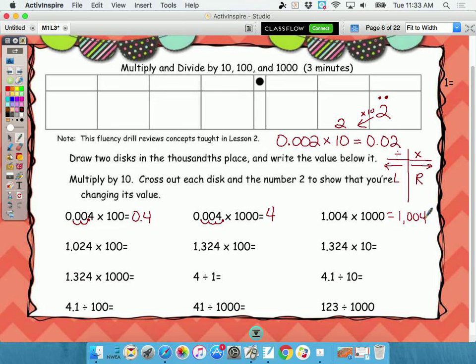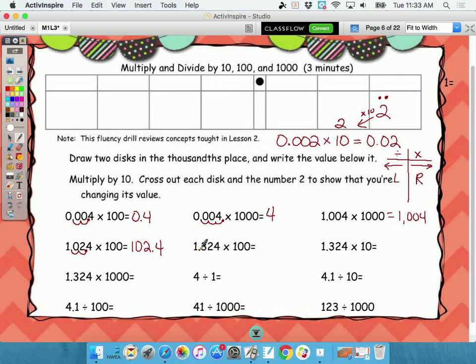Next problem. What happened when I moved it over twice? What'd you get? Go ahead and tell me quickly. 102.4. Good. 102 and 4/10. Very good. Okay, Aubrey's group.